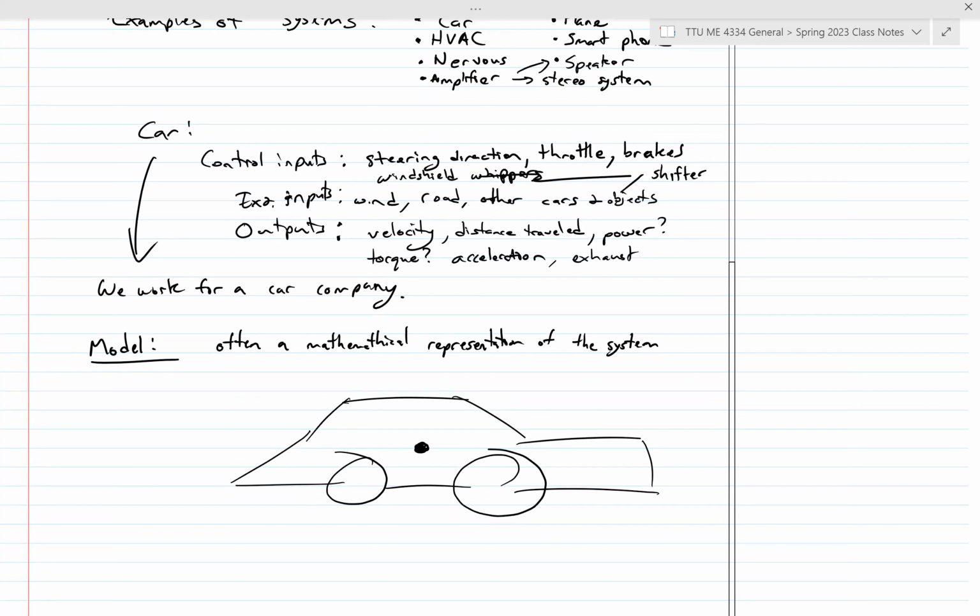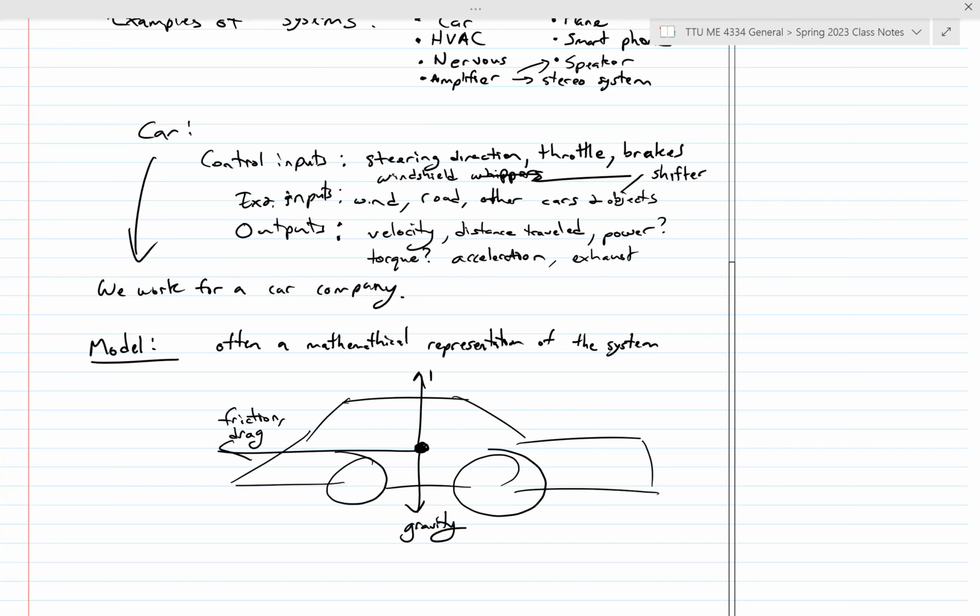So what forces are acting on the system? Gravity, good. Friction and drag. I'm going to just group them both together. Air resistance, sure. Wind, I'm going to categorize into drag.